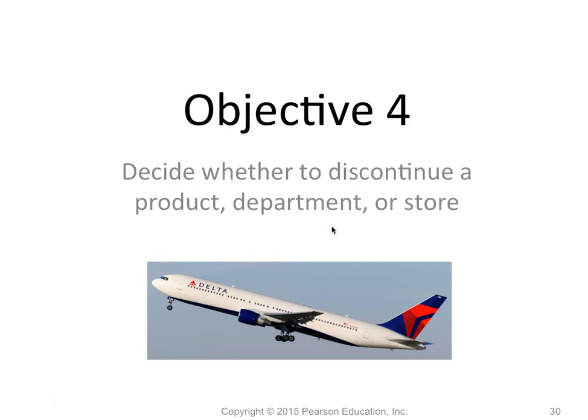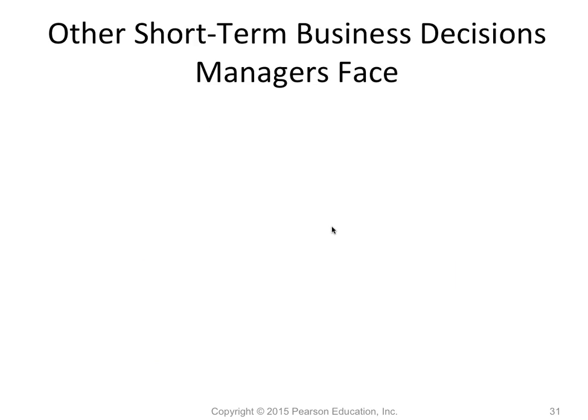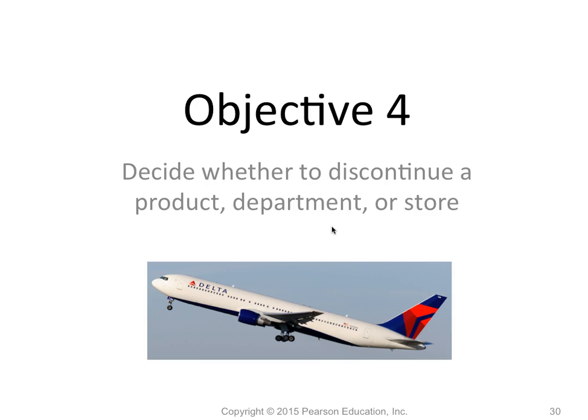Next objective is to decide whether to discontinue a product, department, or store. The basic idea here is, if the cost to run a department, a store, or even to get a product in the market is higher than the profit, you're not going to do that.